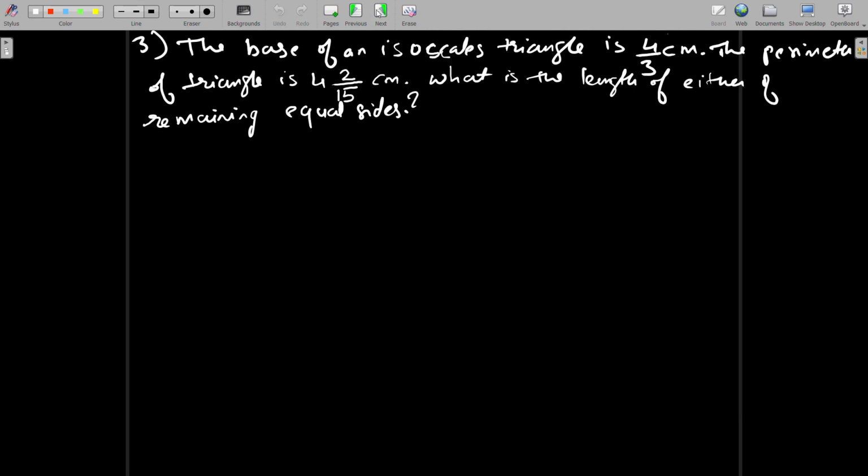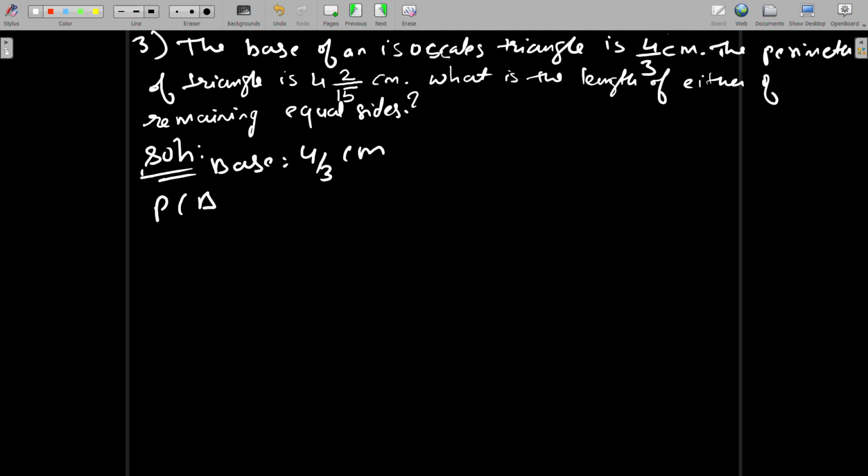Now in the third example, the base of an isosceles triangle is 4 by 3 centimeter. Base is equal to how much? 4 by 3 centimeter. The perimeter of the triangle is 4, 2 by 15.